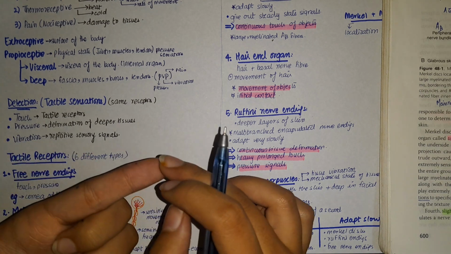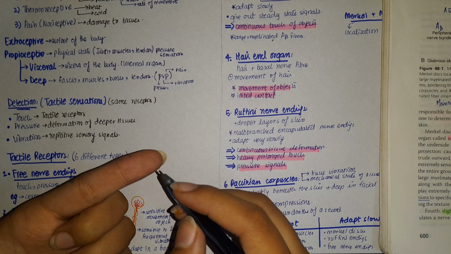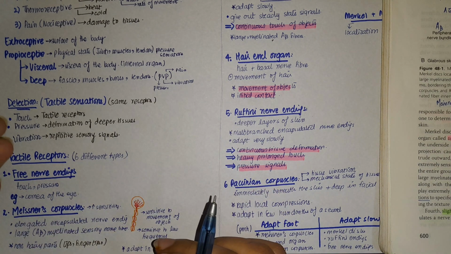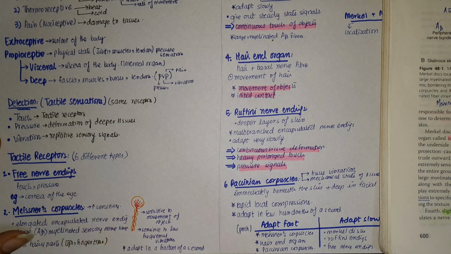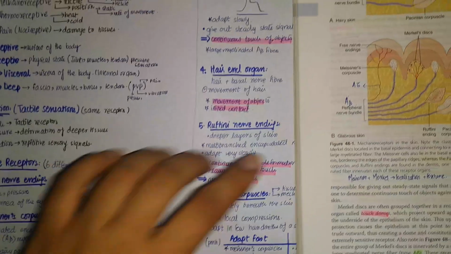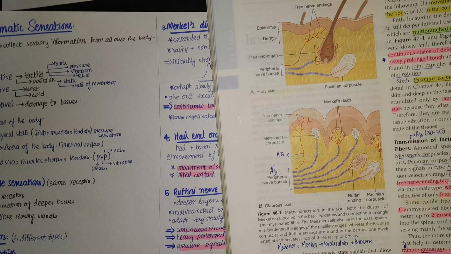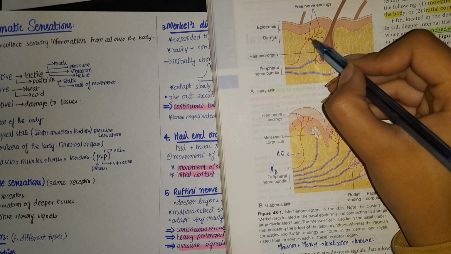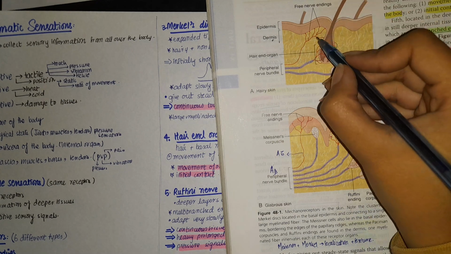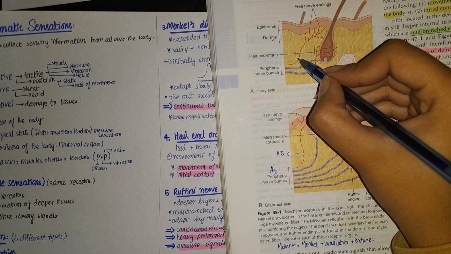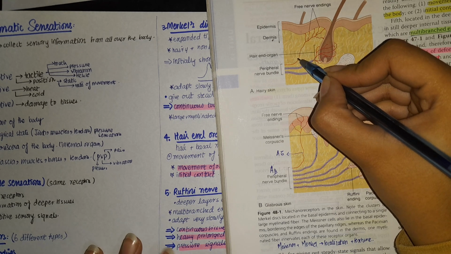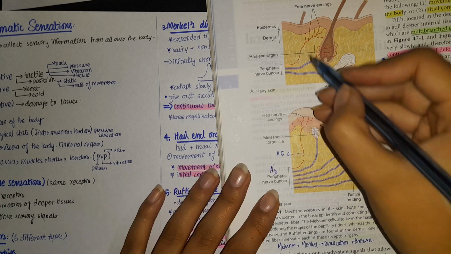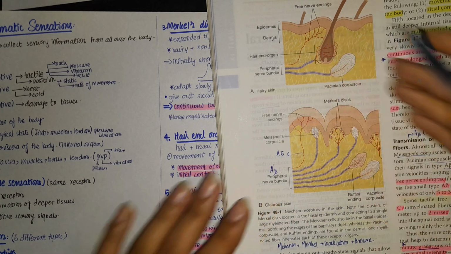Whenever you touch the cornea, or press the cornea, all of those sensations will be felt because the cornea contains free nerve endings. In this diagram of Guyton, you can see these free nerve endings. They are not encapsulated or anything, but are freely present. The most common location is the cornea of the eye, but mostly they are present all over the body, and they help in touch and pressure detection.